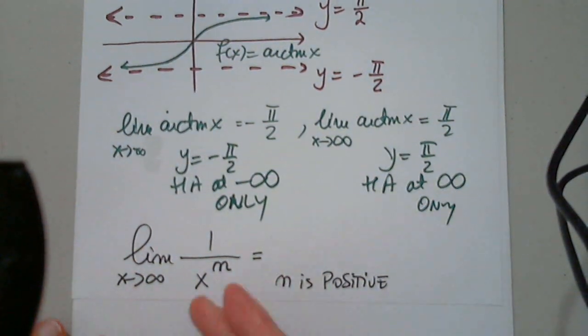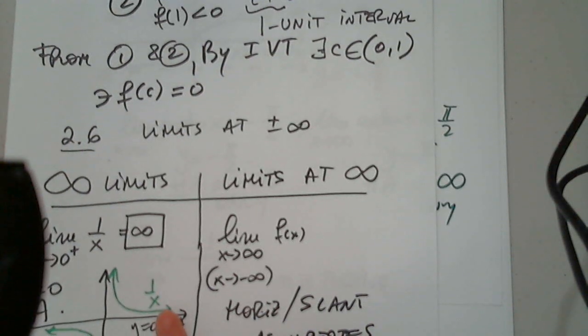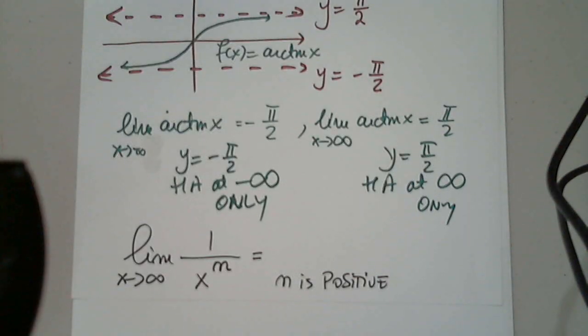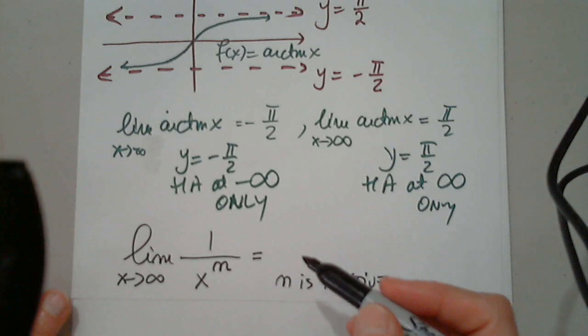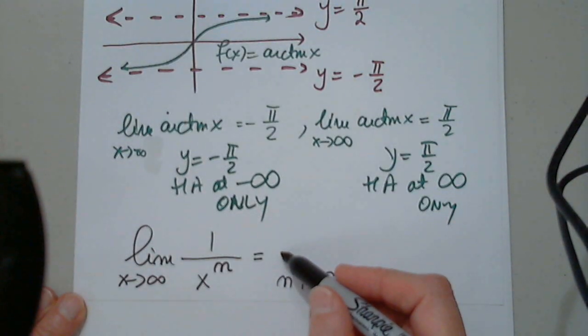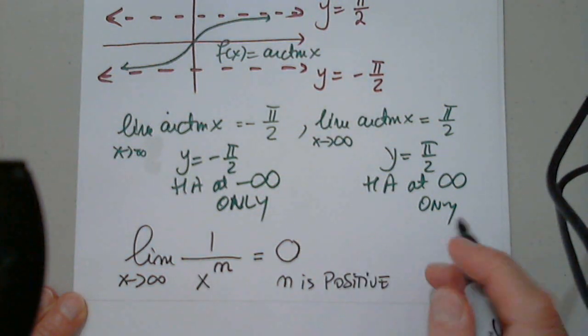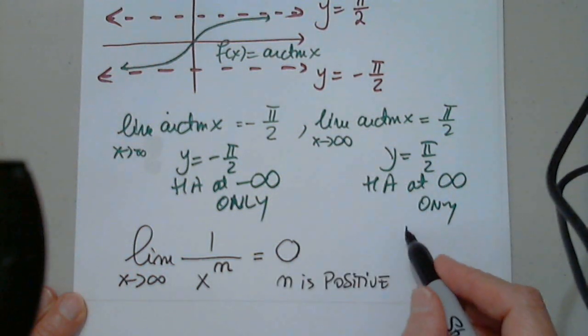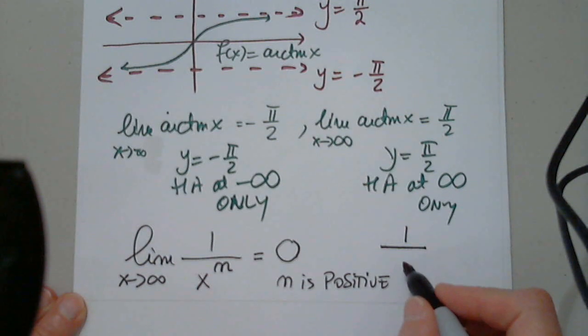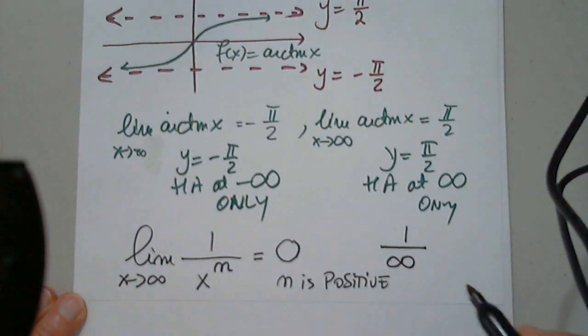We had a simple example when n was 1. Always and forever, 0. Because I'm dividing 1 pi by infinitely many people.